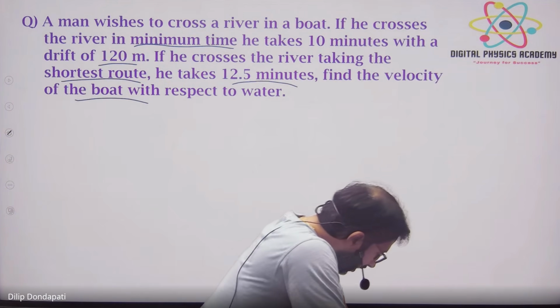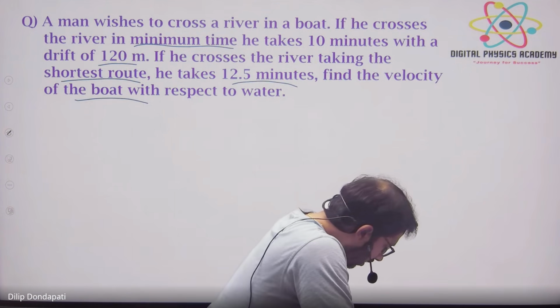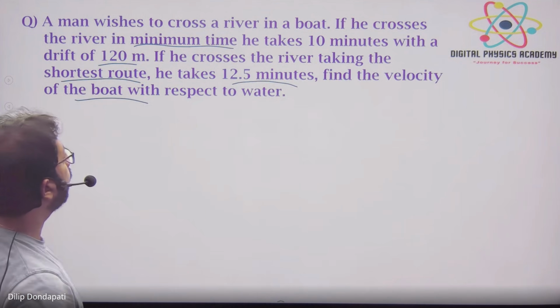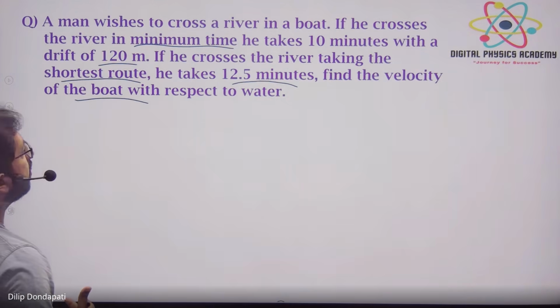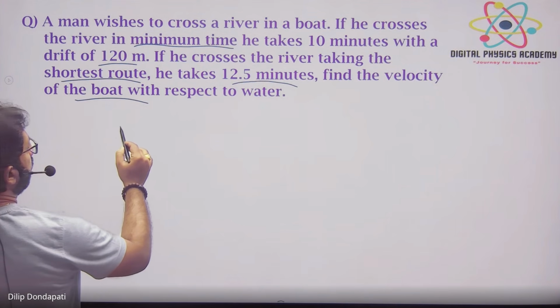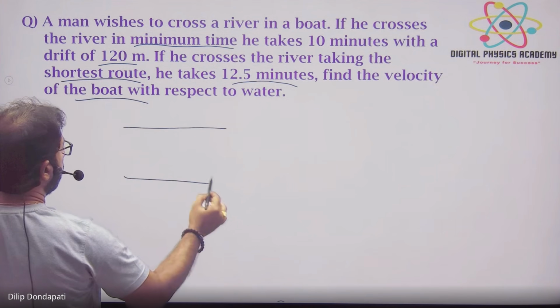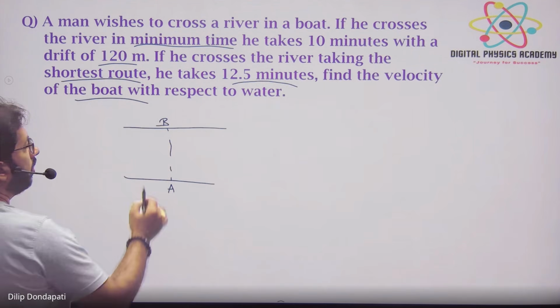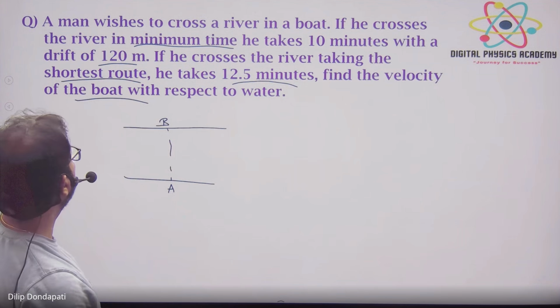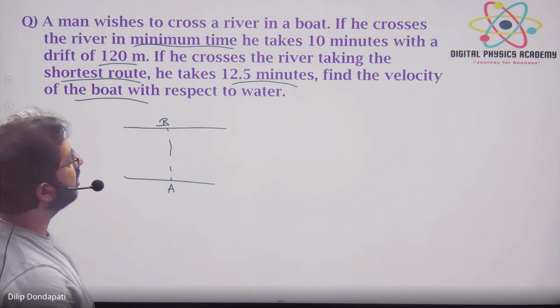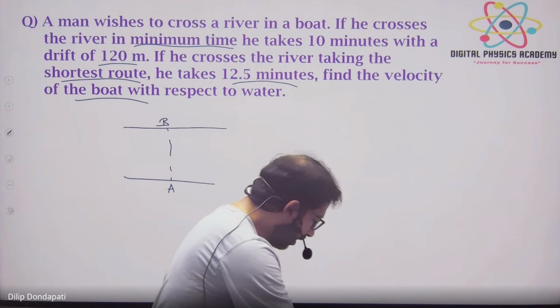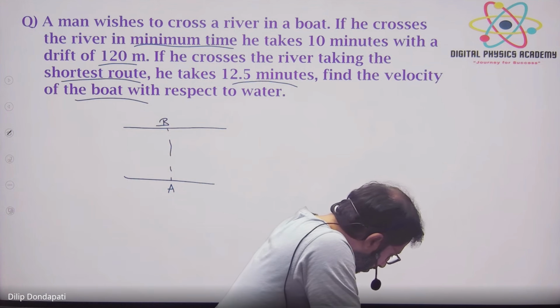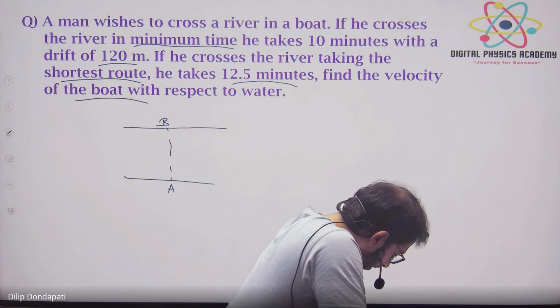Write the conditions, draw the diagrams, and first minimum time. So you have to convert minutes to seconds, right? You have to convert minutes to seconds, right? नहीं, converting कुछ नहीं. मीटर्स पर मिनट last में आपको आएगा. No problem, चलता है.